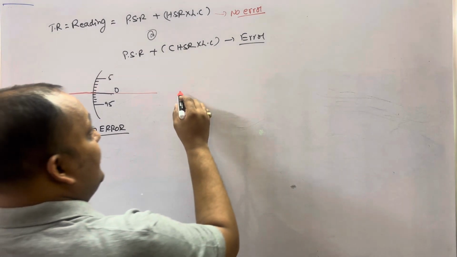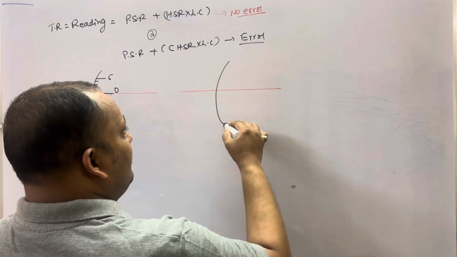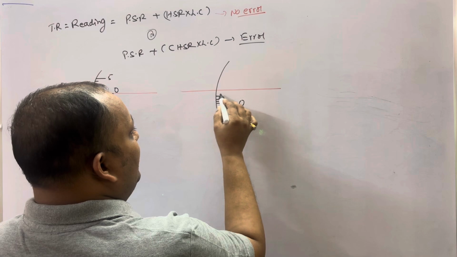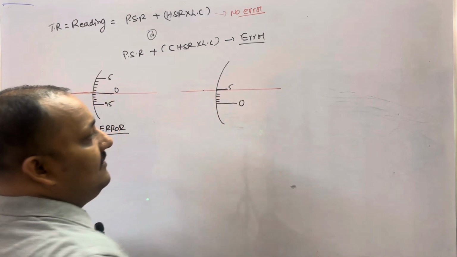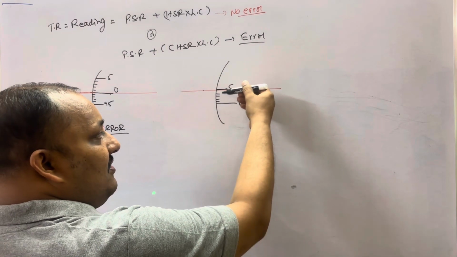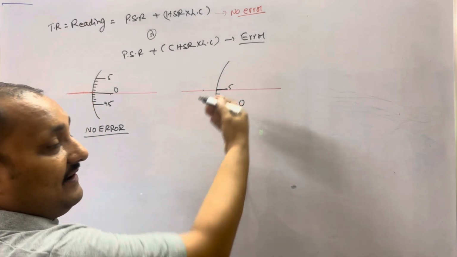But sometimes this 0 will come below the index line. 1, 2, 3, 4, the fifth line is coinciding with the index line. So now 0 is below. How many divisions? 5 divisions below.